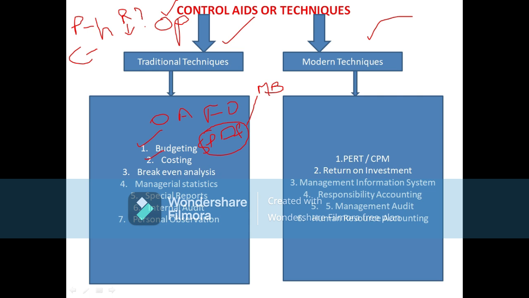Under this technique, standards are fixed in respect of each product for materials, wages, overhead expenses, etc., in terms of time, quantity, as well as cost also. All these come under the cost accounting.